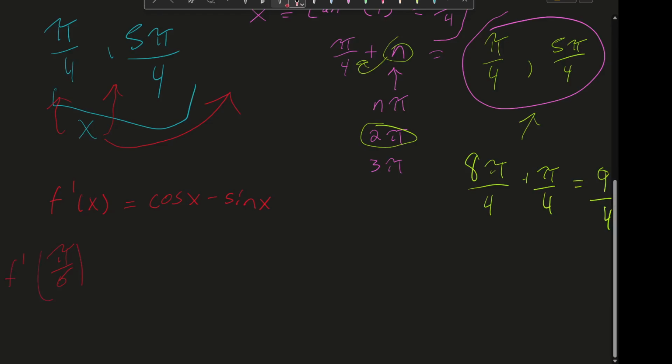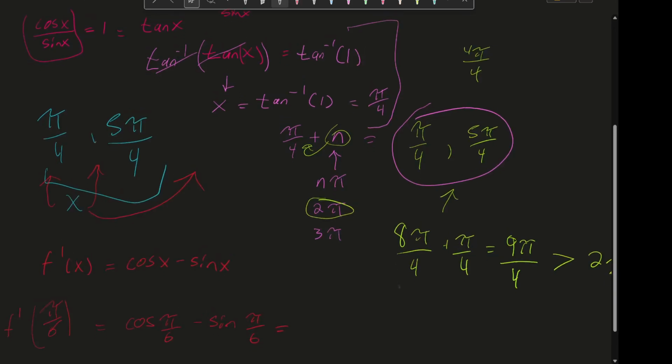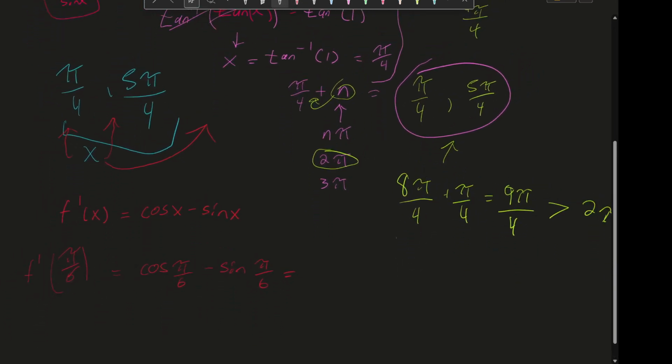The derivative at pi over 6 is cosine of pi over 6 minus sine of pi over 6, and see what that equals. You can plug that into your calculator. That's fine. Make sure it's in radians, because you're using the ones with pi. It's not in degrees, it's radians.